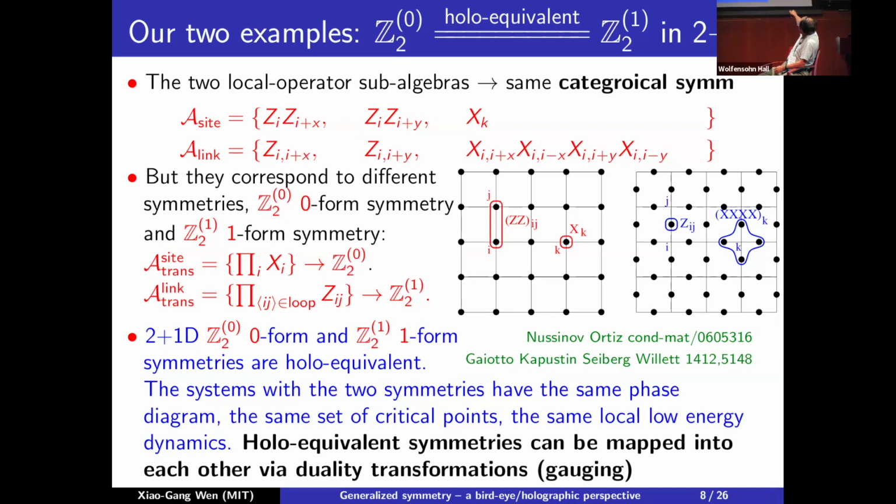For any loop on this square lattice, if it goes through this 4X operator twice, it will commute with it. So that's a one-form symmetry. Therefore the symmetry for the second model is generated by this loop operator of X.